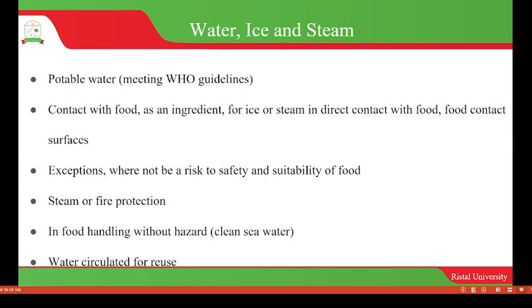A potable water is water which is clean and safe for drinking, and this means that we should know the source of the water we are using, so that if we get it from unsafe sources, we have to treat it by chlorination, or by boiling, or by filtration before we use it.